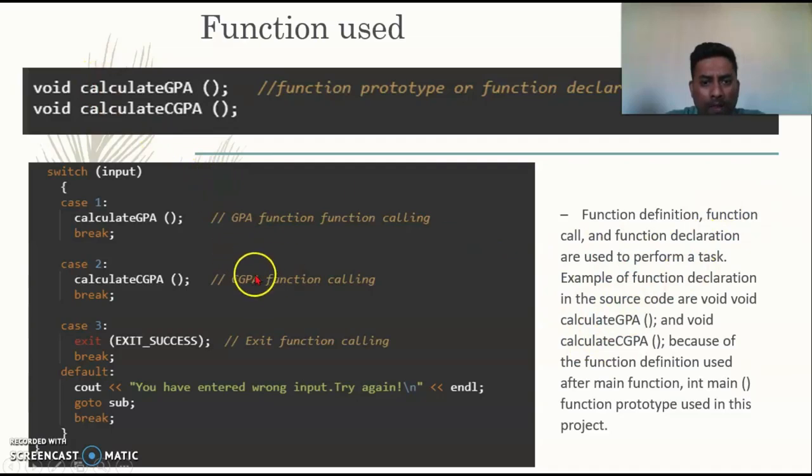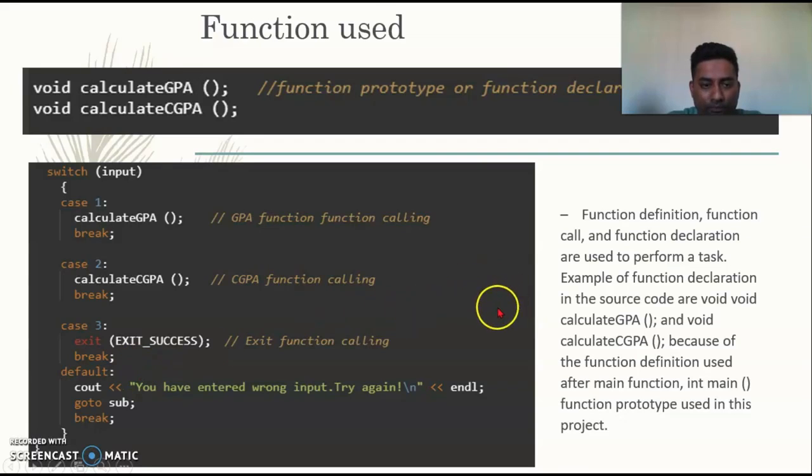In this section we use a switch statement for function calling. As you can see, we call these three functions: calculate GPA, calculate CGPA, and also exit.